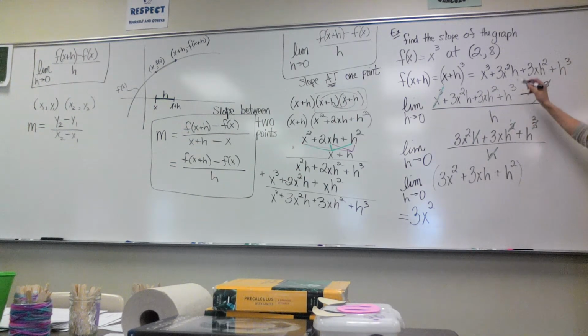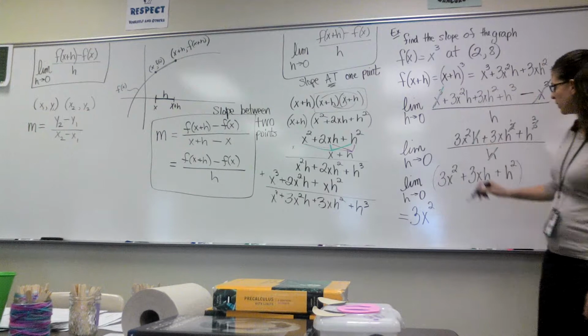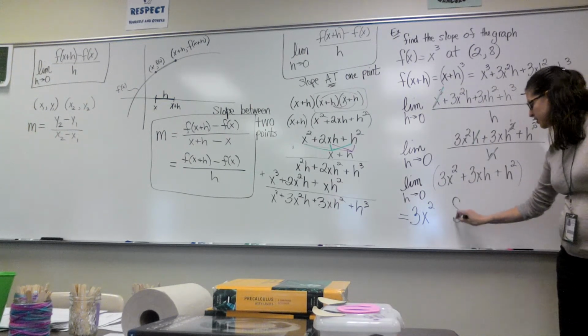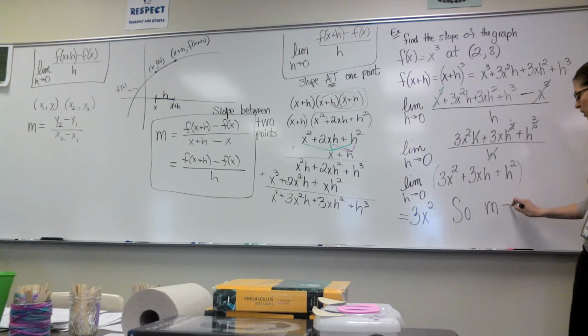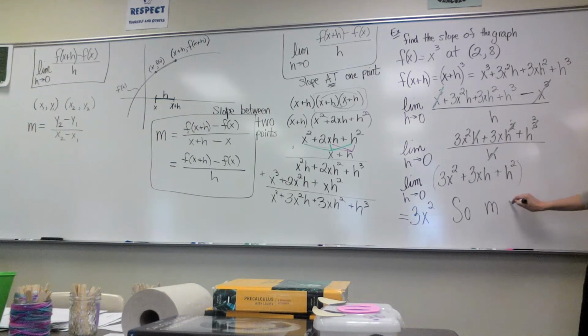Exactly. So if I want to find the slope, which we'll call m, so m at the point 2, 8 is going to be equal to 3 times my 2 squared. The 8, I wouldn't say it doesn't have anything to do with it, but the 8 doesn't directly play into your slope.